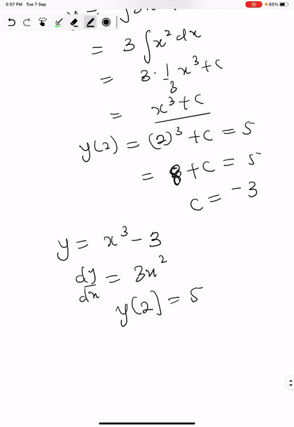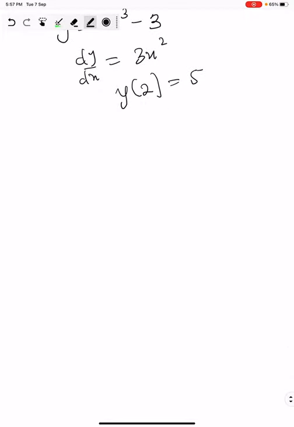Now let's look at another example of an IVP. We want to solve dy dx is equal to 4x to the power minus 3 with the initial condition y of 1 is equal to 3. A solution here is to find the antiderivative of 4x to the power minus 3.